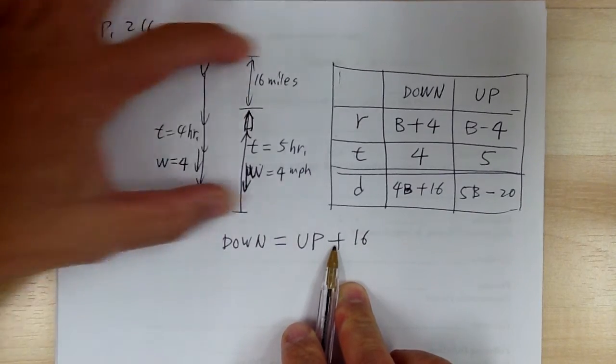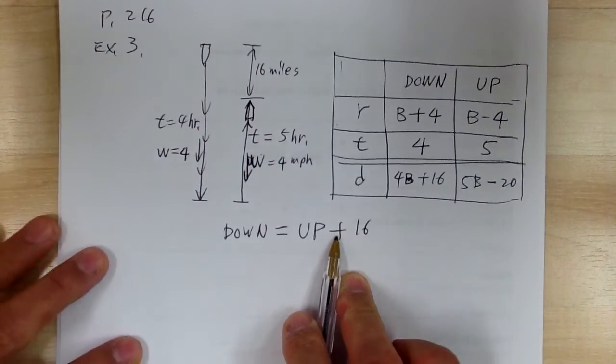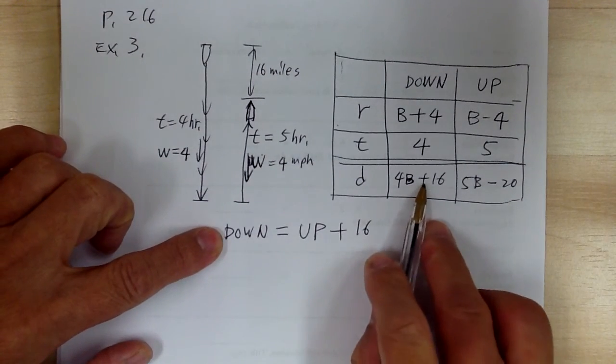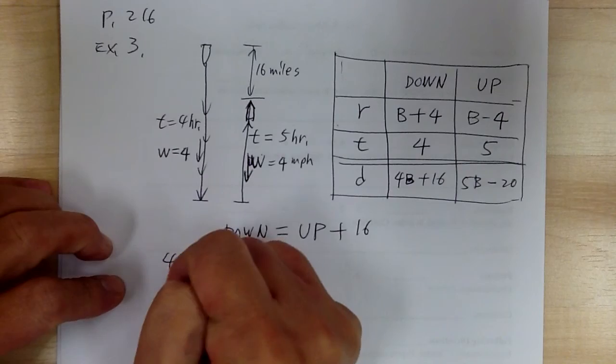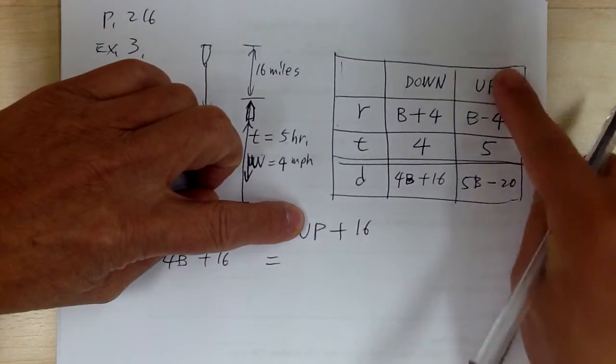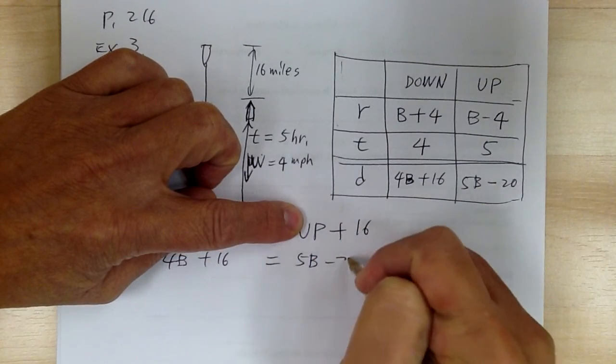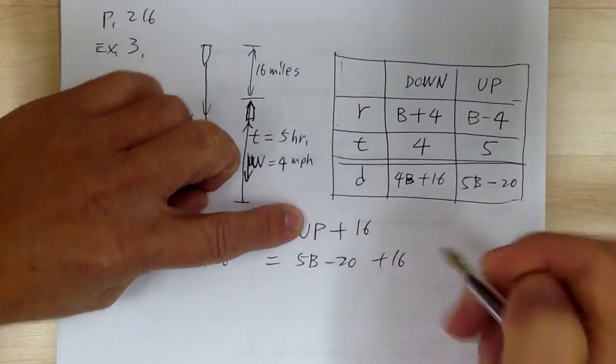So you have to look at your picture. The distance going down is 4b plus 16. The distance going up is 5b minus 20 plus 16.